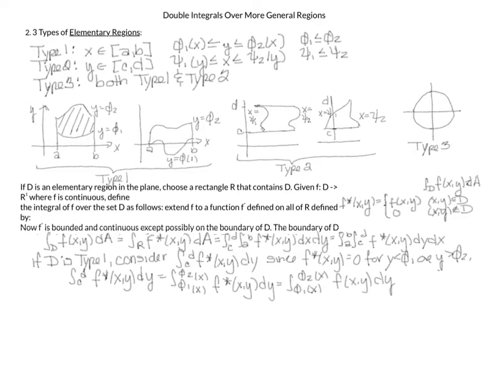And now we have our formal definition of our integral over our domain D. It's equal to the integral over R, our rectangle, of f star. And again, f star is equal to 0 if x and y are not in our domain, so all this space over here in the rectangle is equal to 0. We set that equal to this new f star function, which is the double integral here, and you can also change the order of integration.